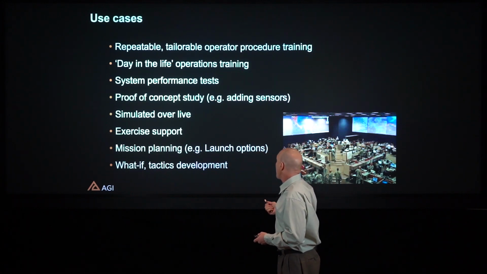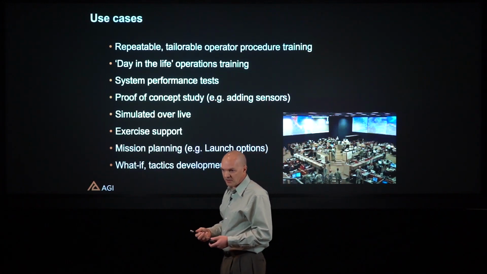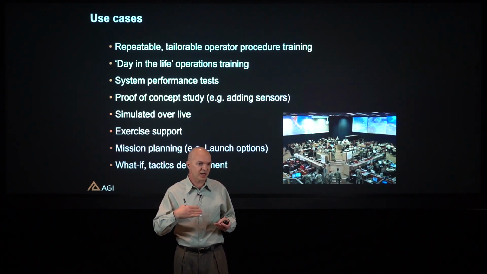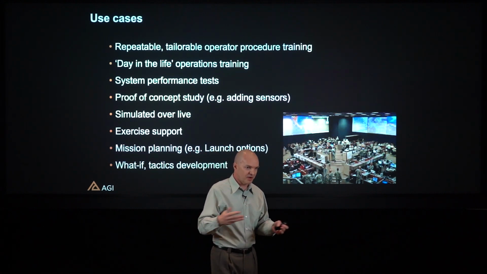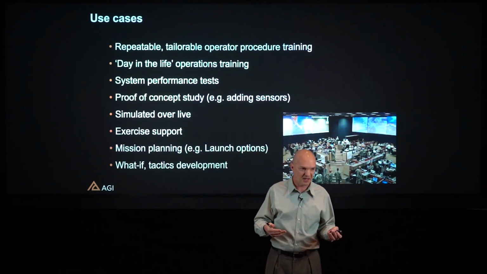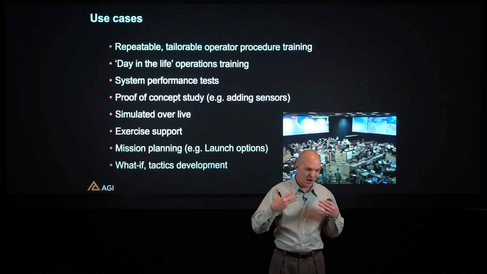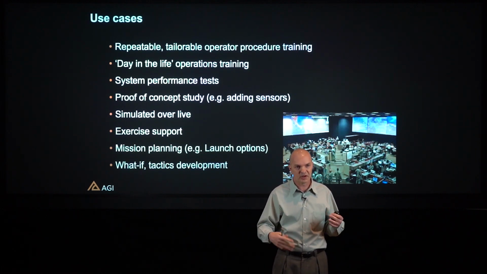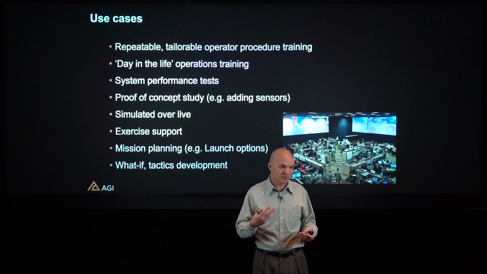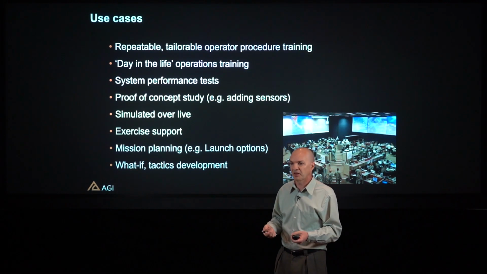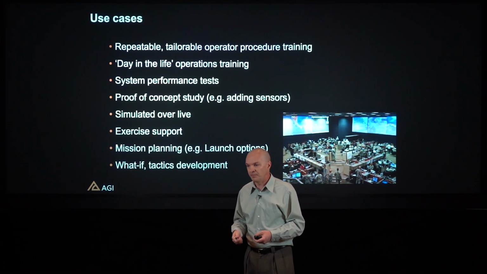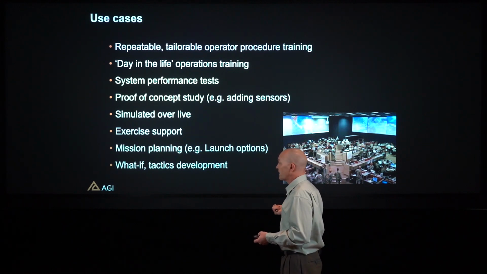Next is the day in the life operations training. This could be where your operator just follows a checklist of daily values. They get observations coming in that have been simulated by SEG, and they have to process those observations, get their orbit determinations, and go through their checklist of all the different products that they need to make on a daily basis. System performance tests.